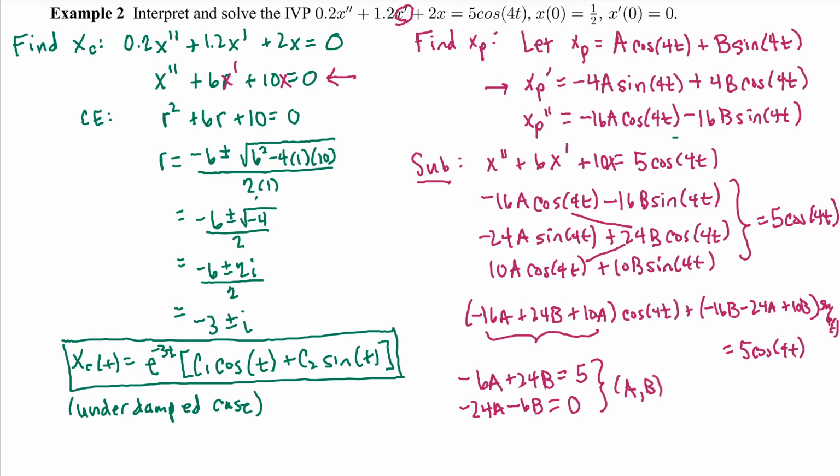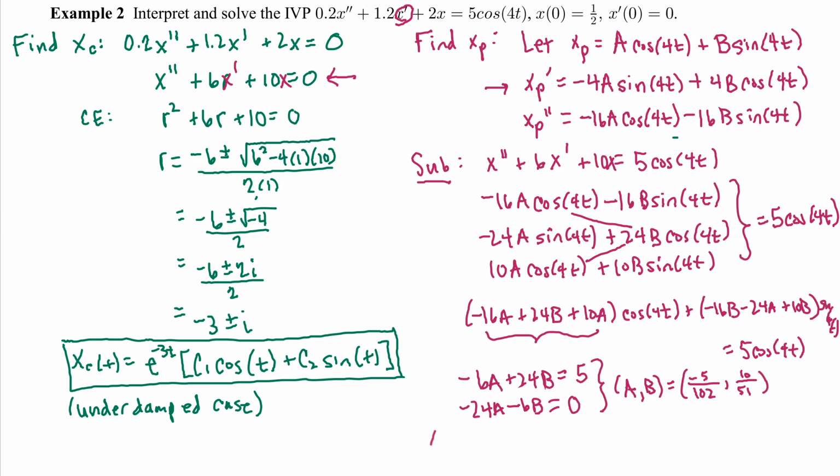Now you can solve that system by any method that you want. I just typed it into my calculator and reduced the matrix to obtain the value for a, which is negative 5 over 102, and the value for b, which is 10 over 51.